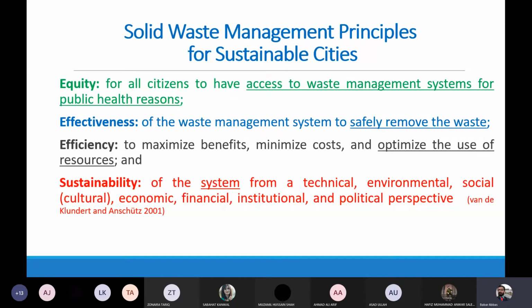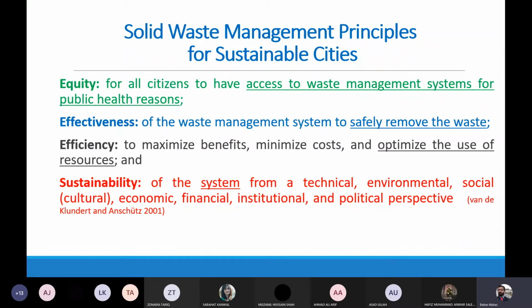When you have such a system implemented and being operated on an efficient basis, then comes its sustainability. If you have managed to provide services to everybody, and these services are being provided effectively to the community, and the efficiency is reasonable, then you must maintain that system, and that is called the sustainability principle, the final principle of the solid waste management system.